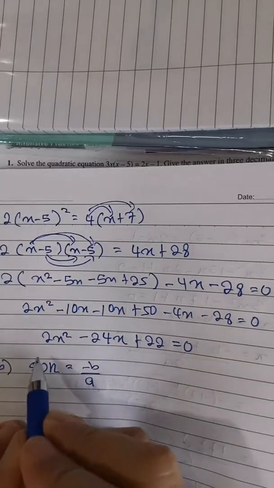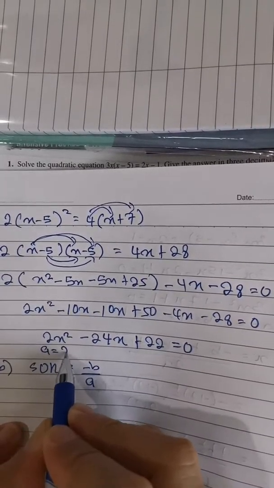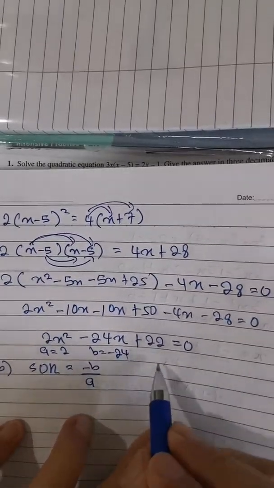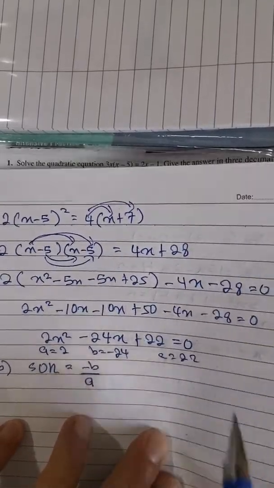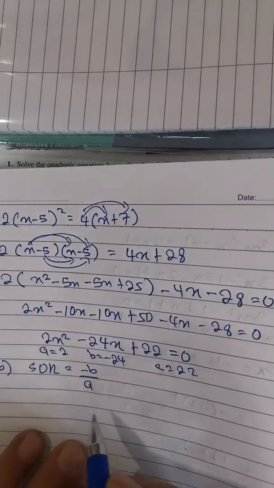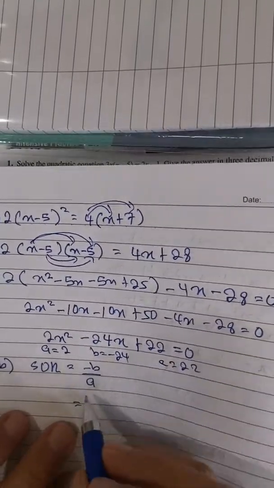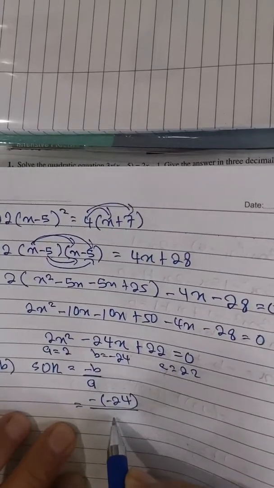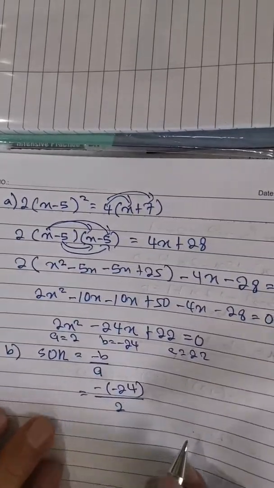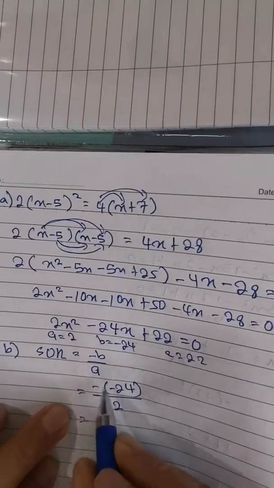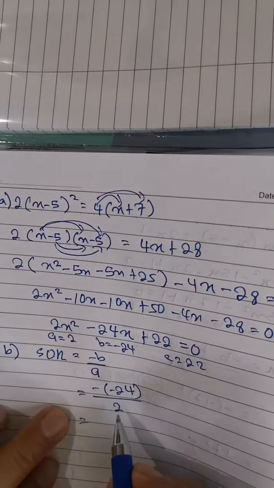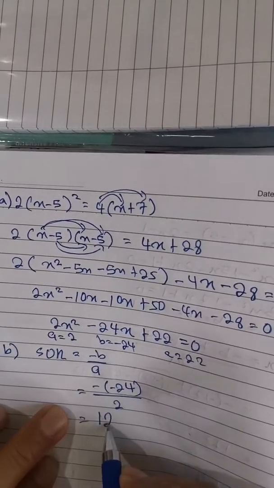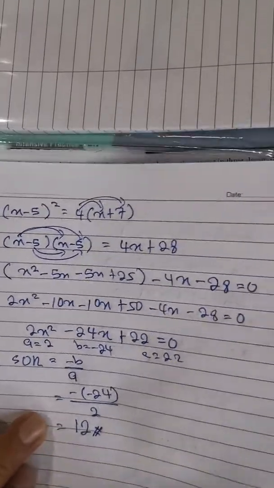So I write down here, a will be 2, b is negative 24, c is 22. So sum of root will be negative negative 24 over 2. So negative becomes positive. 24 divided by 2 will be 12. That is sum of root.